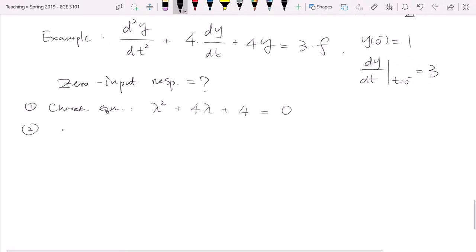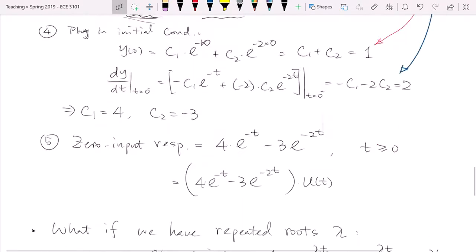Second, solve for the roots. In this case, we can easily find out this is (lambda + 2) squared equal to 0, or in other words, lambda will be -2, -2. We have repeated roots, and it appears twice.